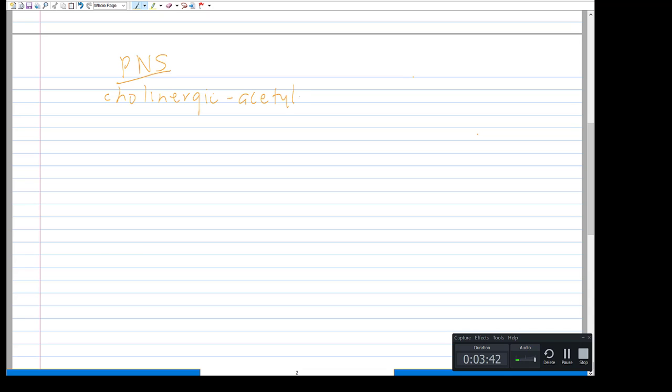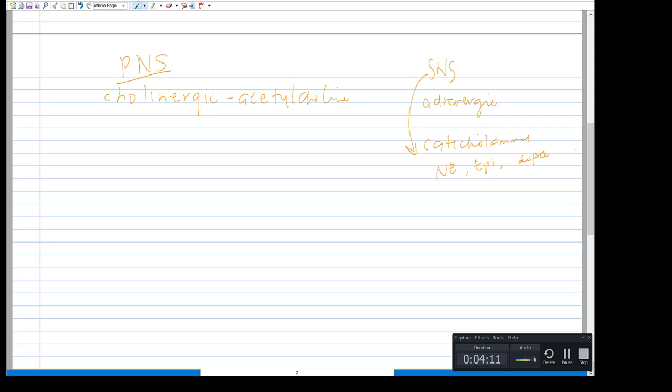While for SNS, the other name is adrenergic. Why adrenergic? Because with SNS, catecholamines are released. And what are these catecholamines? We have norepi, epi, and dopamine.